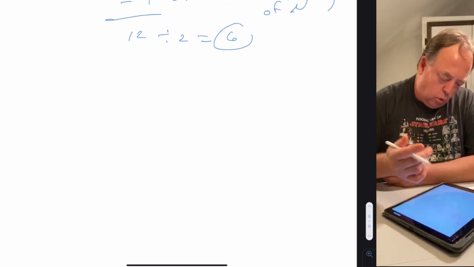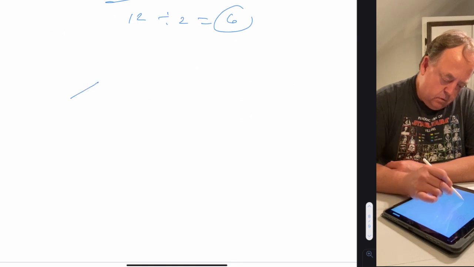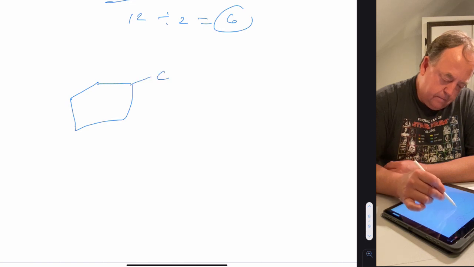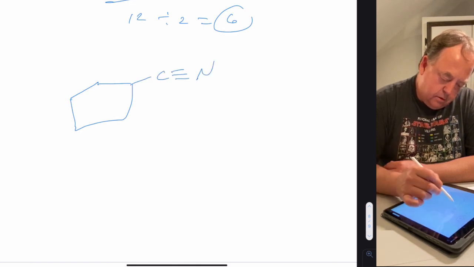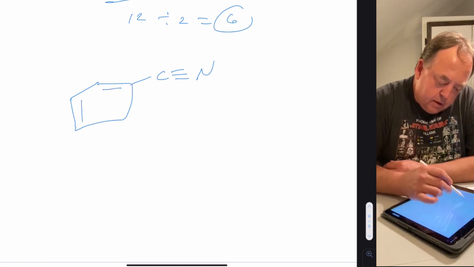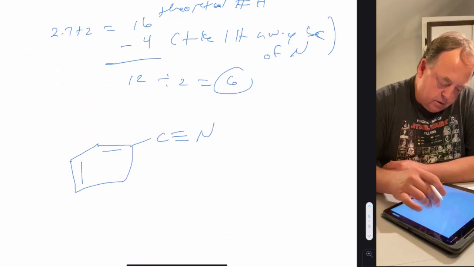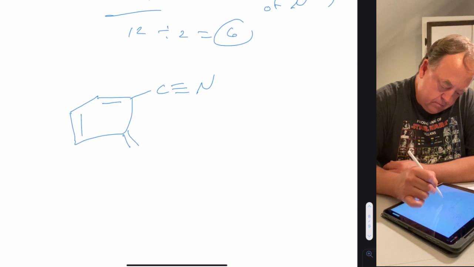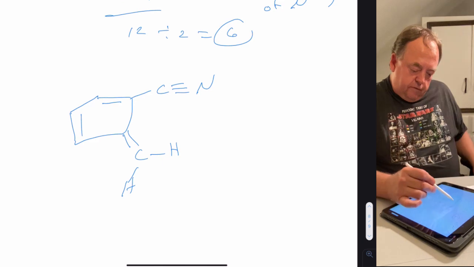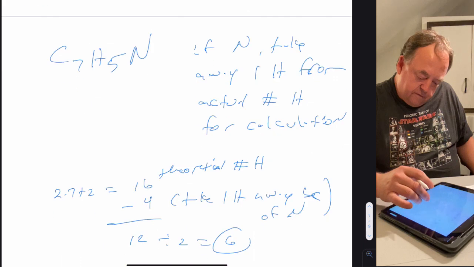So let me just show you that it works. I'll just make up a molecule. Okay, let's see, that's 5. So that's 2, 3, 4, 5. How many carbons do I have here? 1, 2, 3, 4, 5, 6. We need another carbon. Okay, so that's 5, 6, 7 carbons. Got my nitrogen, 5 hydrogens.